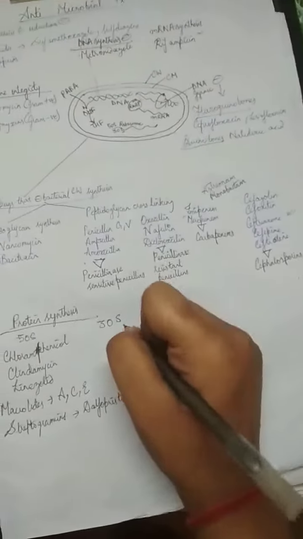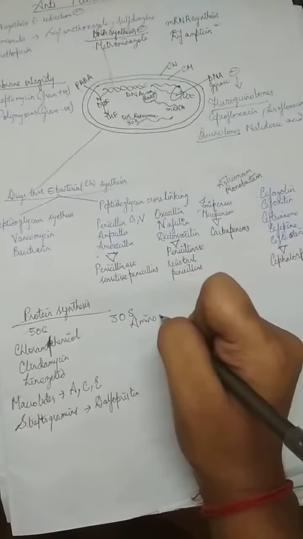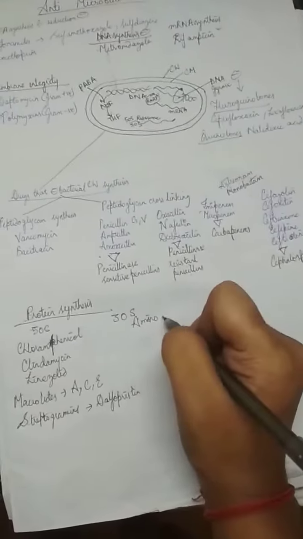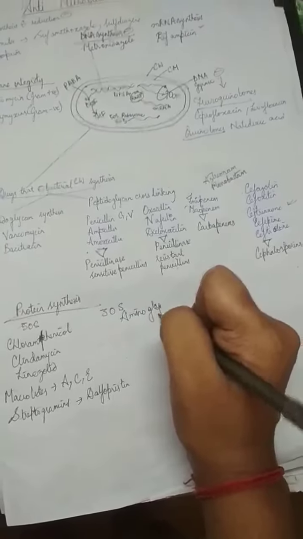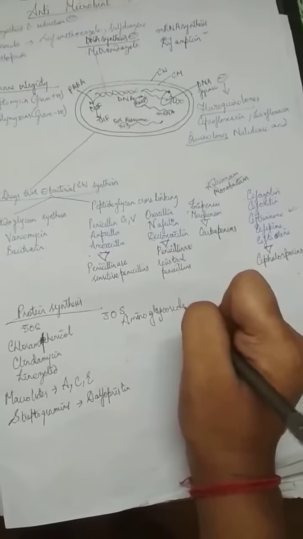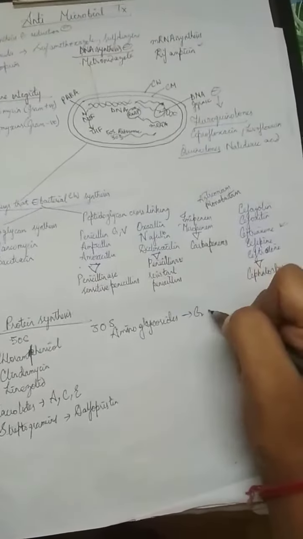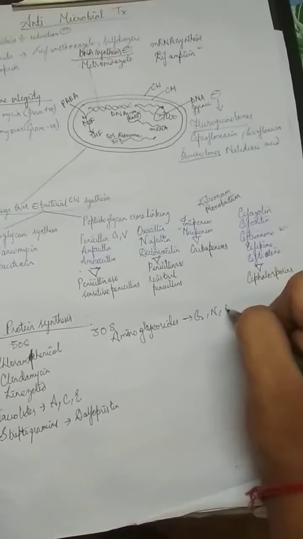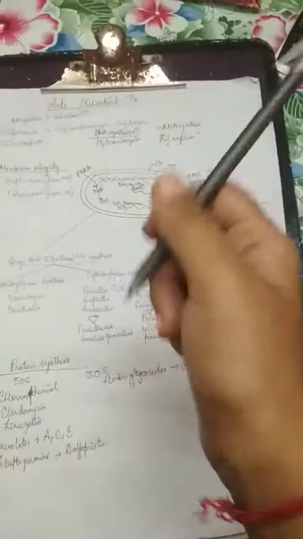Now for the 30S we have aminoglycosides, like gentamicin, neomycin, amikacin, tobramycin, streptomycin. Please ignore all this shakiness and mistakes because I'm actually looking at the paper through this camera and holding the pen in my right hand.